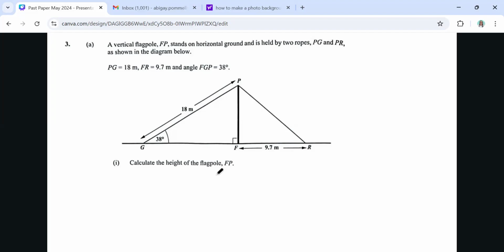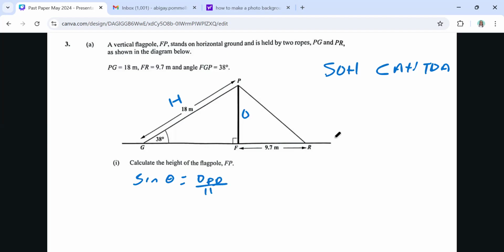In order for me to remember my trigs, I always use this to help me, and I find out which angle I have. I have the hypotenuse, the H here, and the PF is my opposite. So I'm going to use sine. Sine theta equals opposite over hypotenuse.